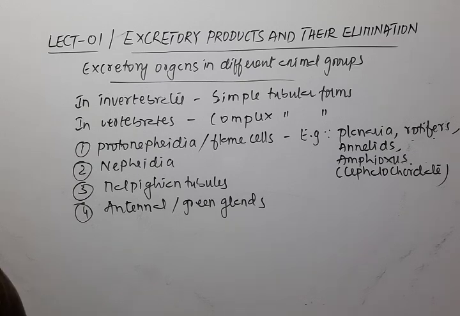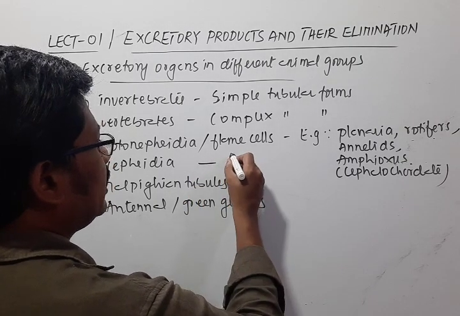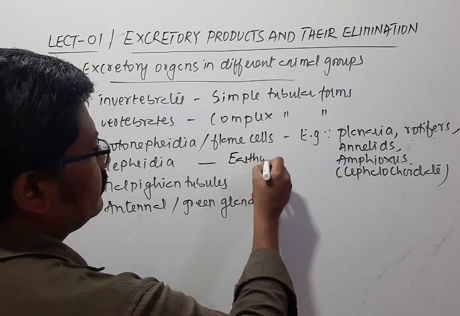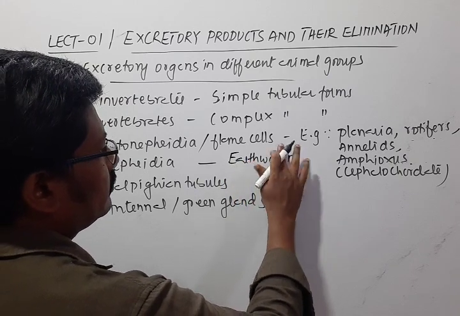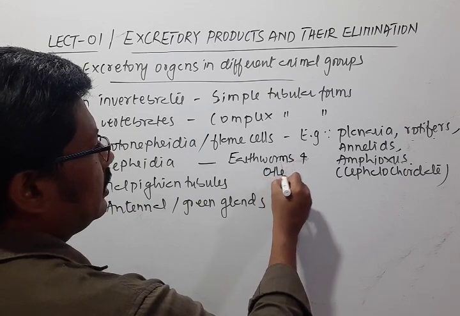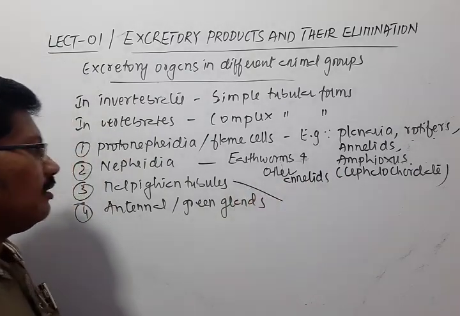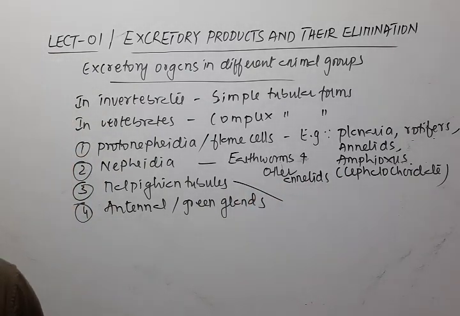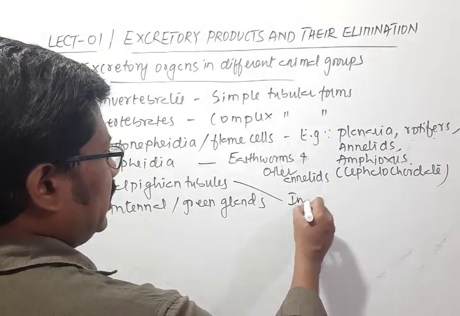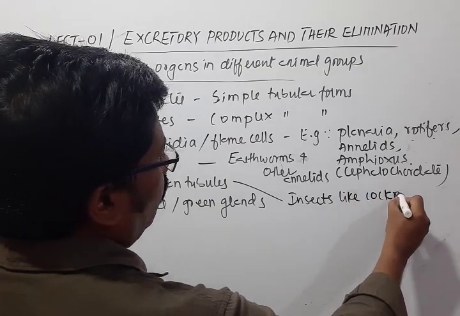And coming to nephridia, we see them in earthworms and other annelids. Whereas the Malpighian tubules we will see mostly in insects like cockroaches.